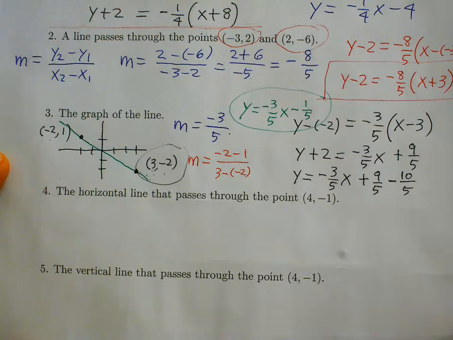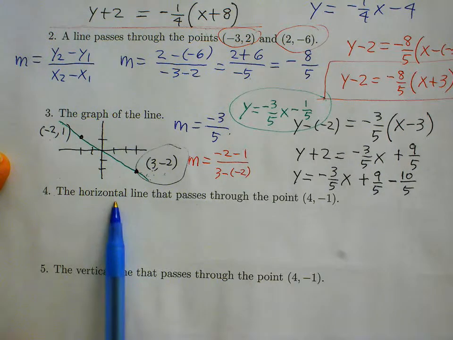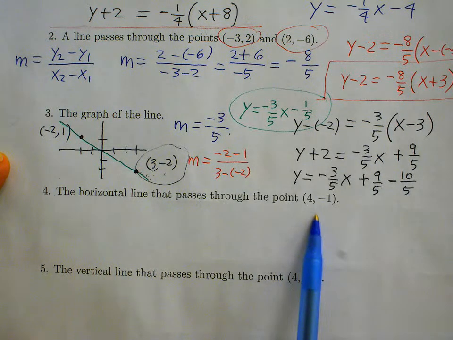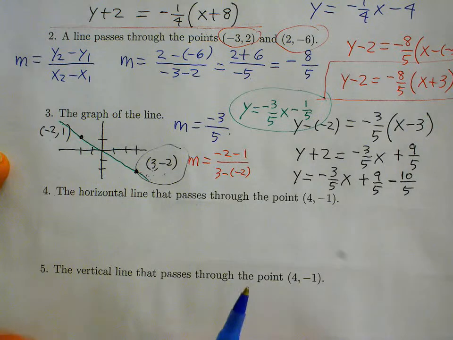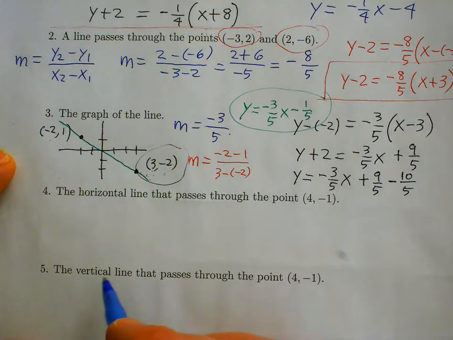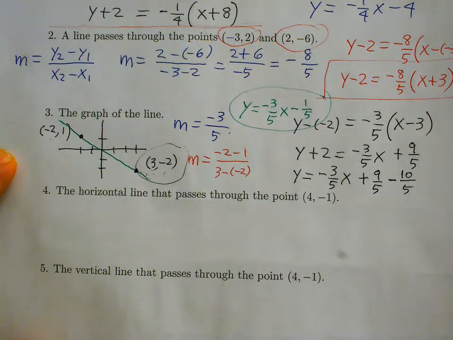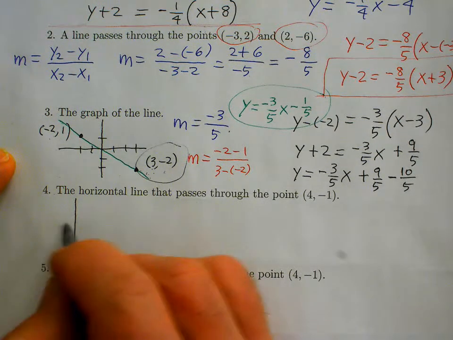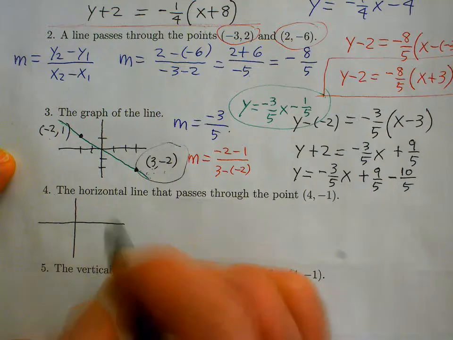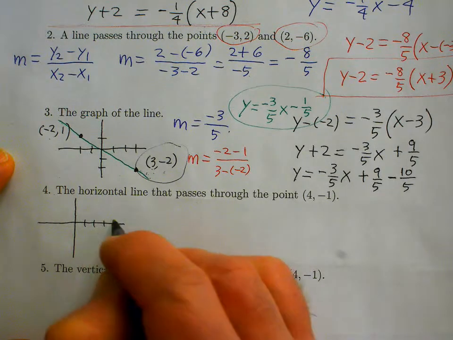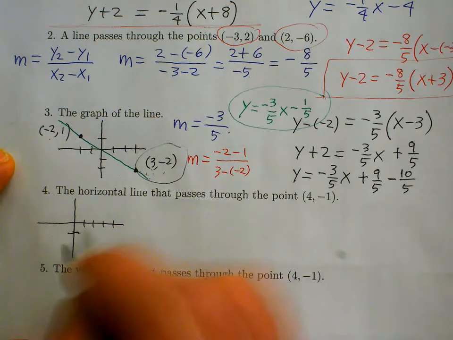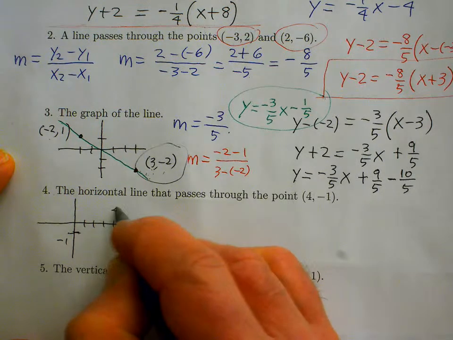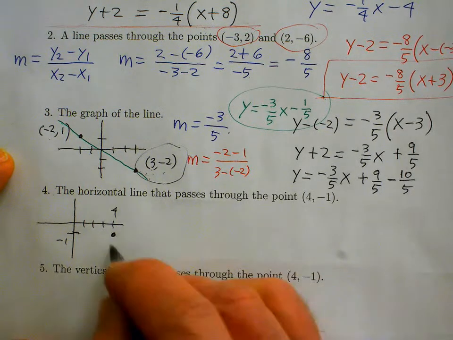So does anyone know what the equation for the horizontal line is that passes through this point, 4, negative 1? Okay, if you don't remember, well, you can use a graph to help you. So let's plot the point 4, negative 1. Okay, so there's the point 4, negative 1.